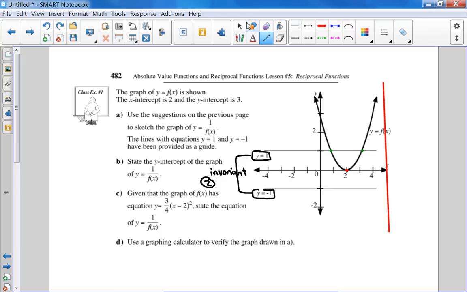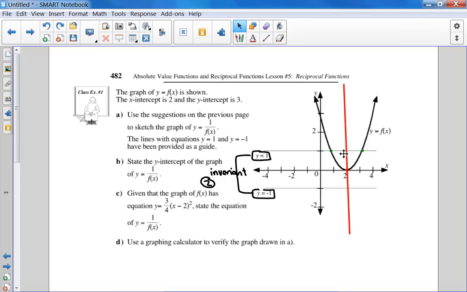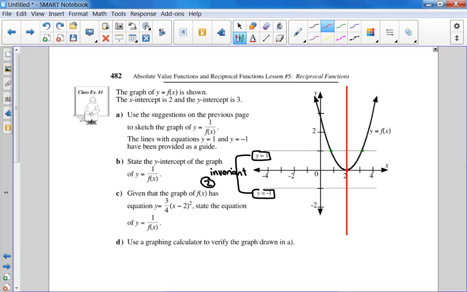You don't like red? Okay, so now we got in our asymptote. Okay, so vertical asymptote at x equals 2. Because that was where y was 0.